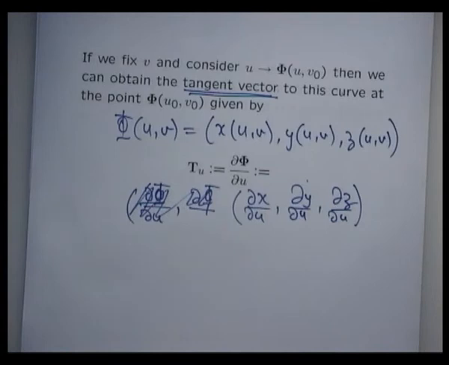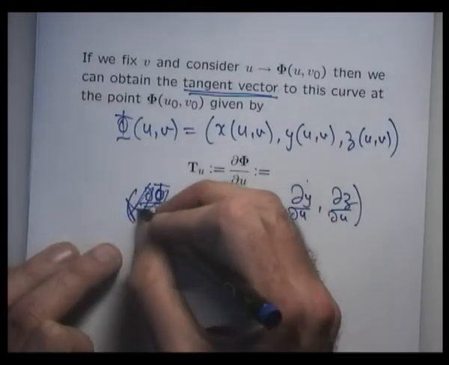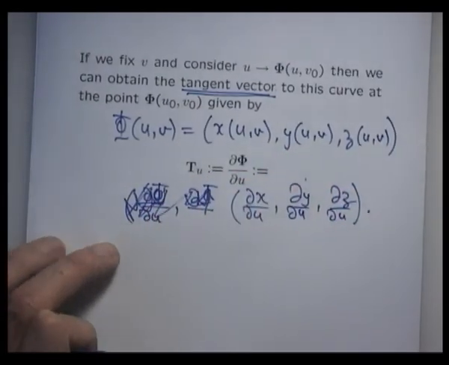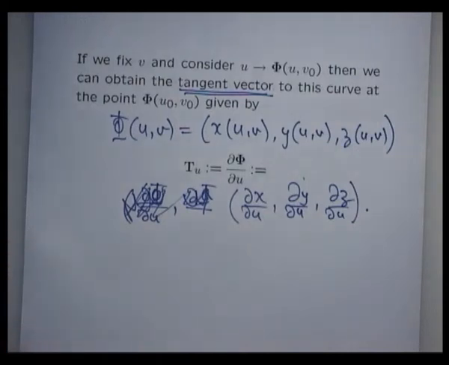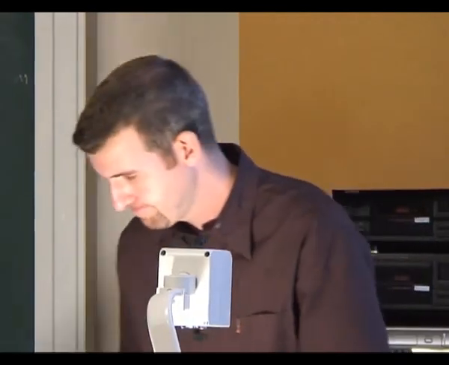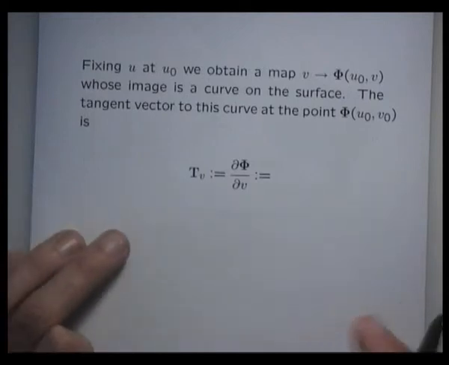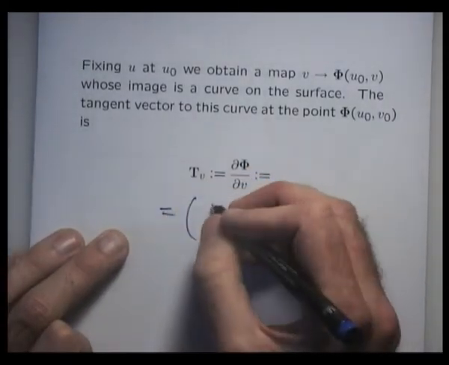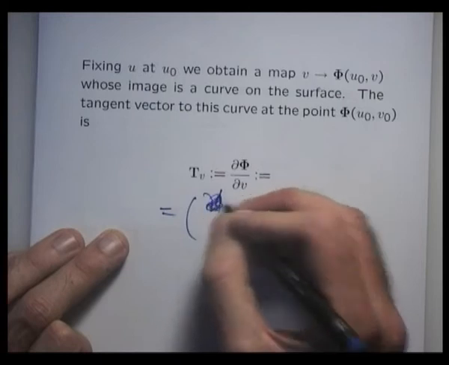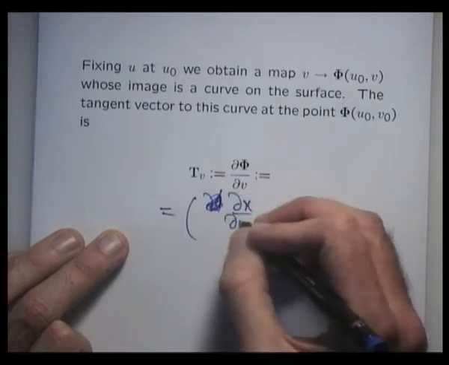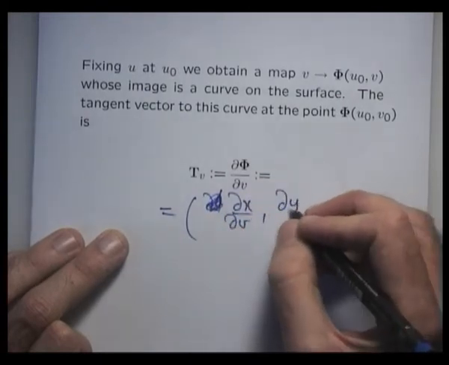Okay, so we form a new vector there. Right, so similarly for the other case, we just form a new vector by differentiating with respect to v in a component-wise fashion.